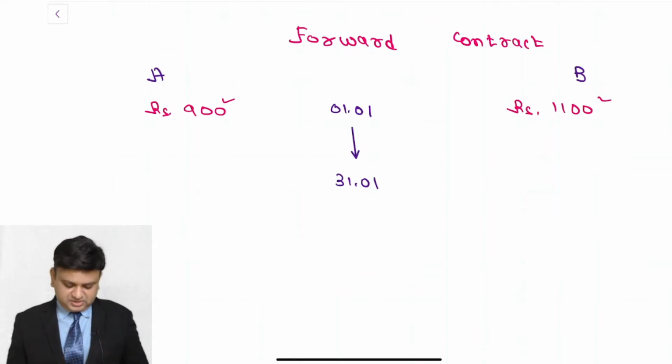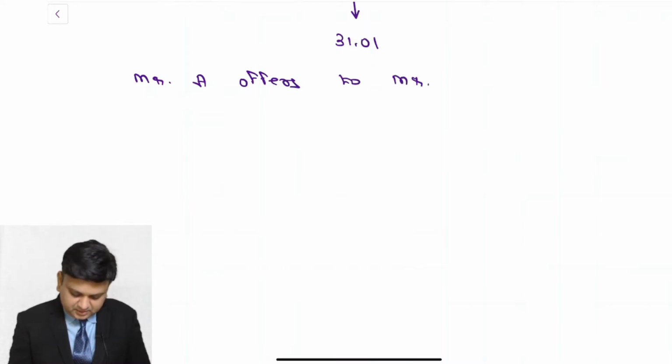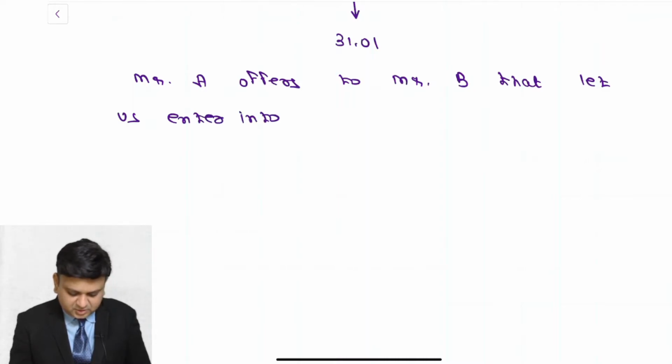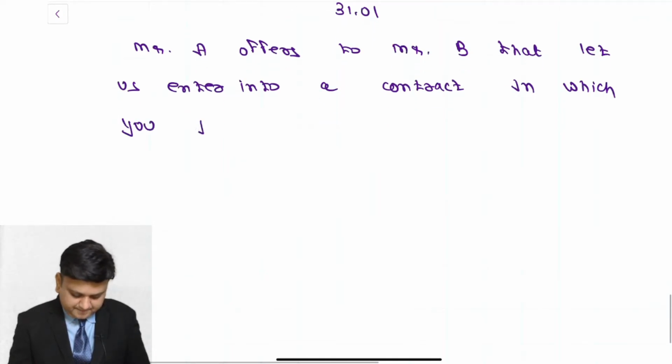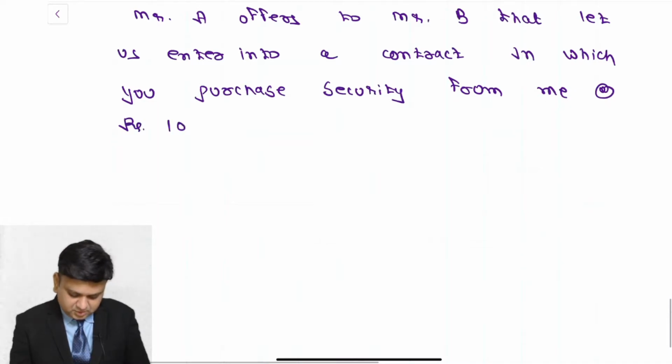After some discussion, Mr. A offers to Mr. B that let us enter into a contract in which you purchase the security from me at the rate of rupees 1000 on 31st of January.